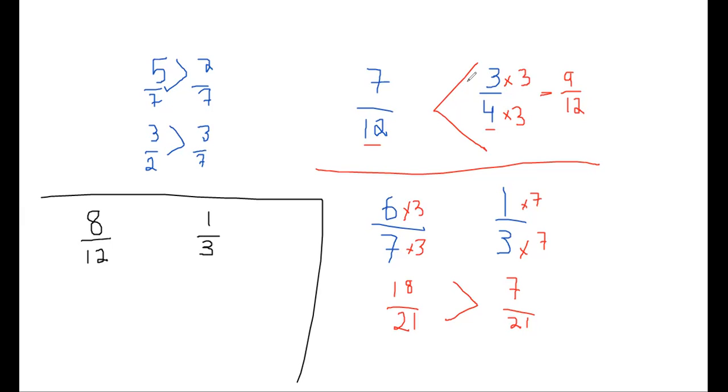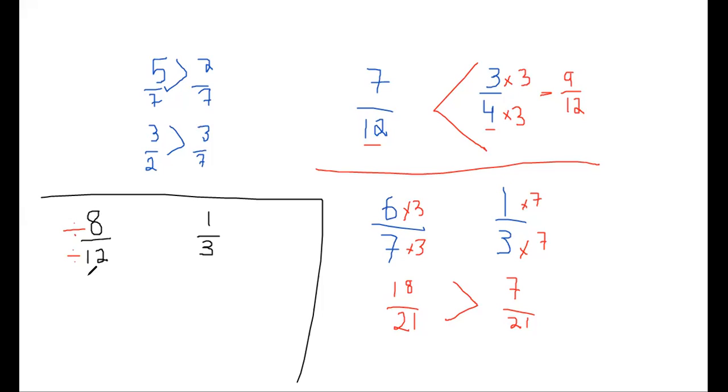Look at this fraction. Here I have 8 over 12 and 1 over 3. Okay? I told you to check. Do I have the same denominator? No. Same numerator? No. Sometimes, guys, you can divide also.